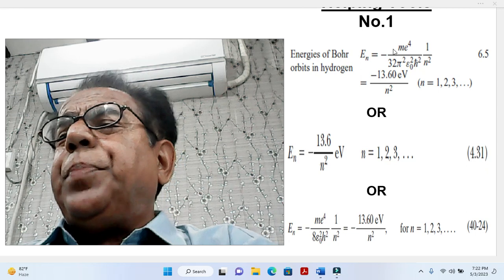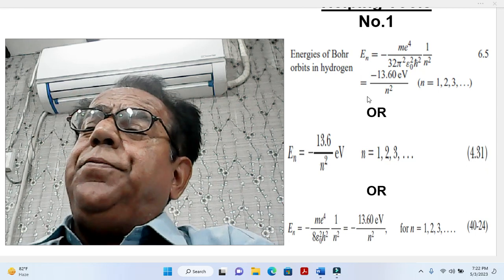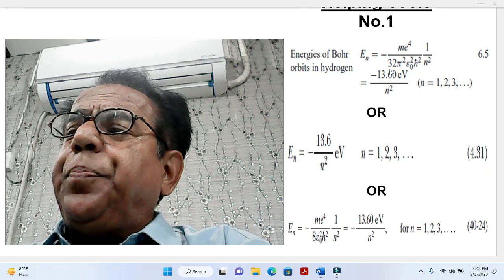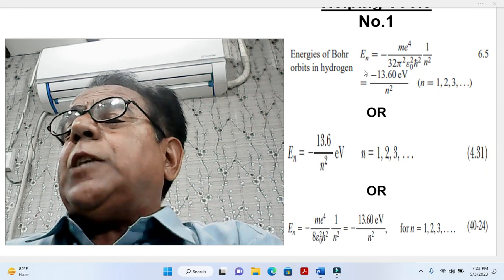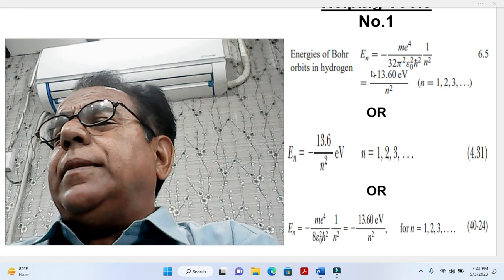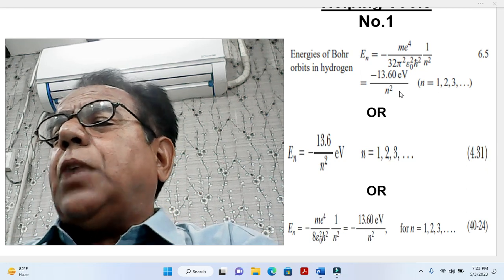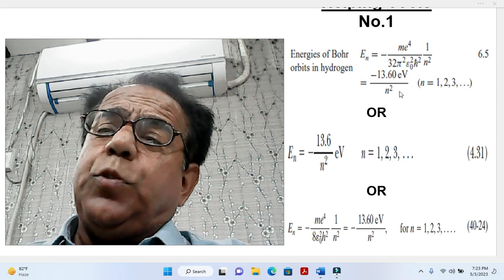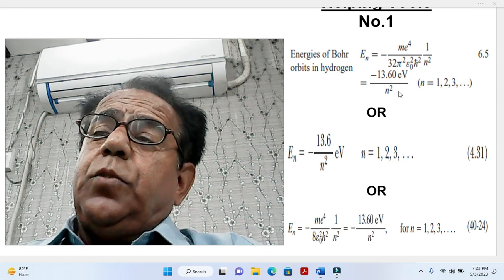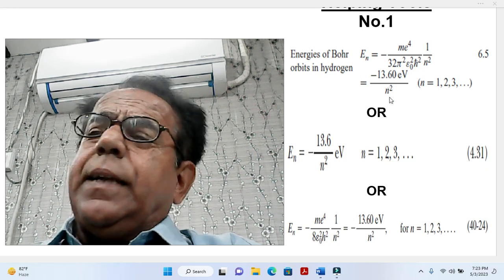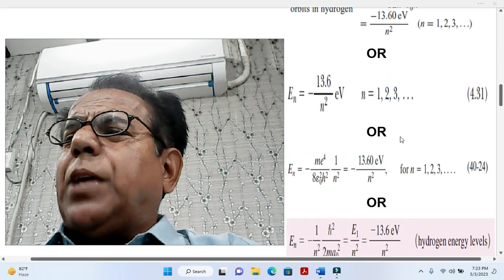But for the time being we have been facilitated by this equivalent value, so our expression is quite simple, that is En is equal to minus 13.60 electron volt over n square. So we will follow this route and our problem will be solved quite easily.